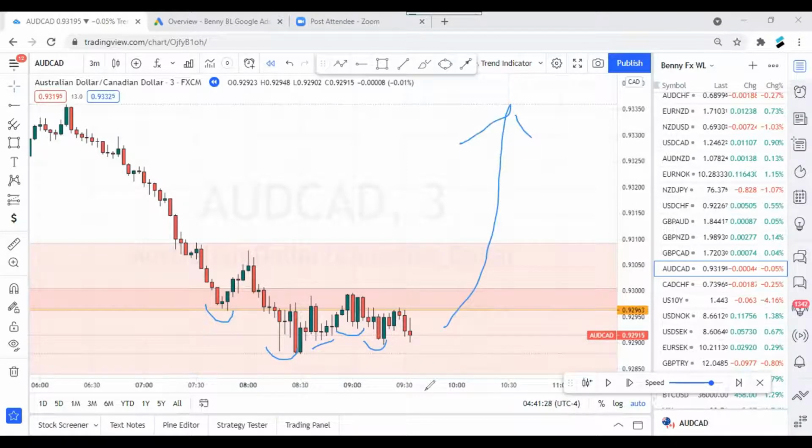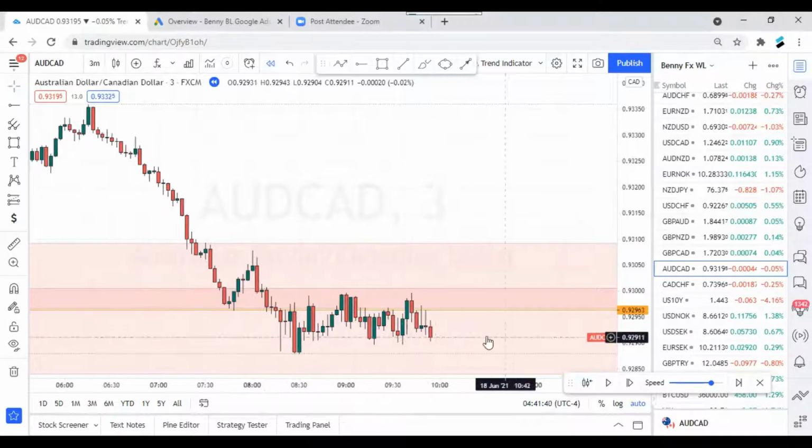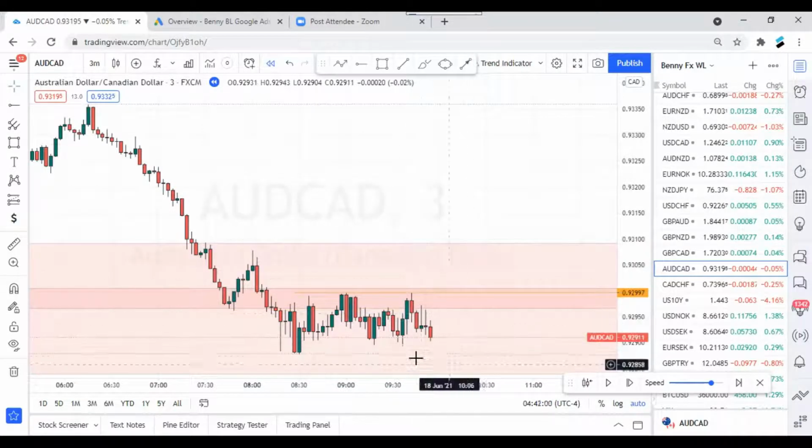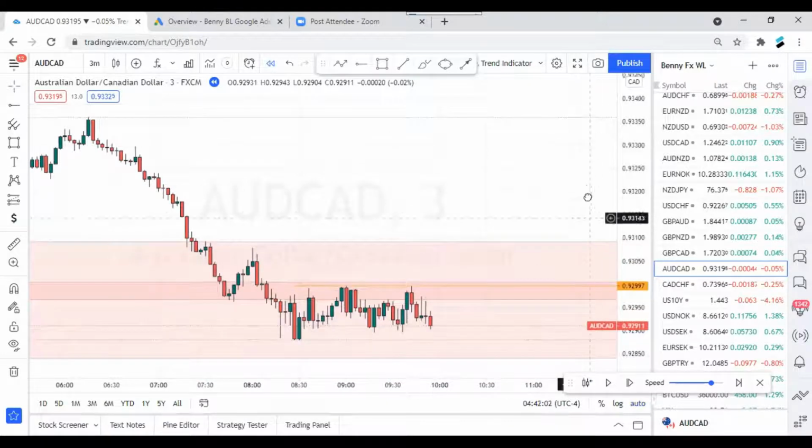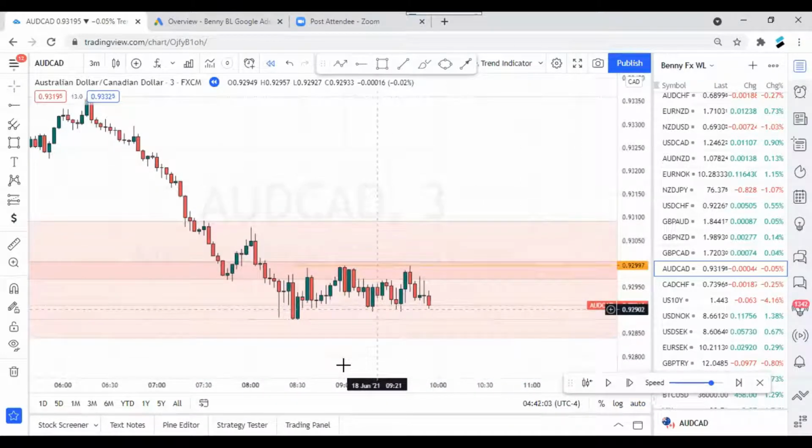So now we have to start looking for a potential entry. Now what we see, the market makes a double top. It shows that price wants to go higher. Also at the same time, price makes a double bottom here. So it shows that price is going to continue stop hunting. It's going to come down to grab the stop loss potentially as well before it goes higher.